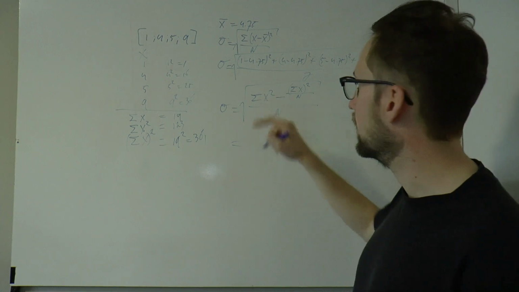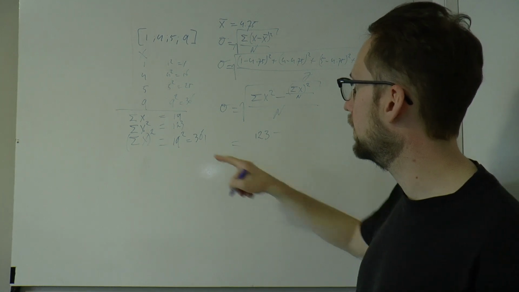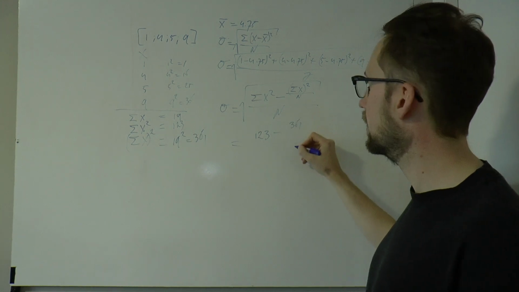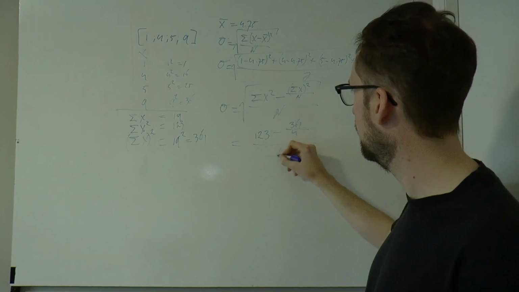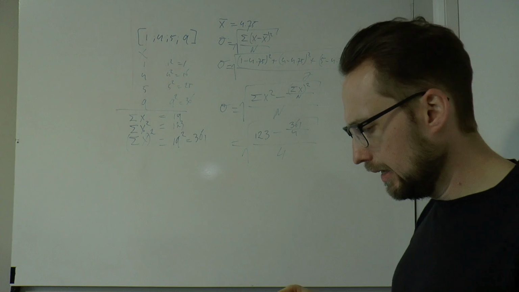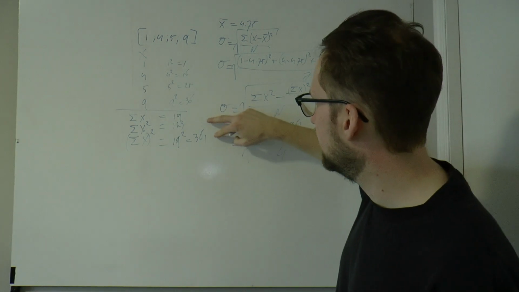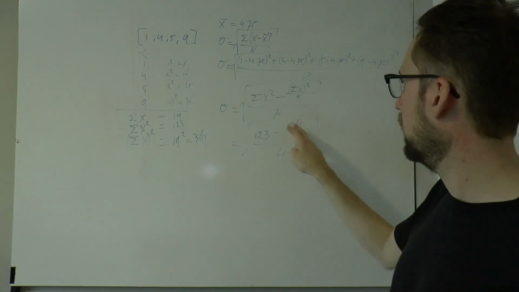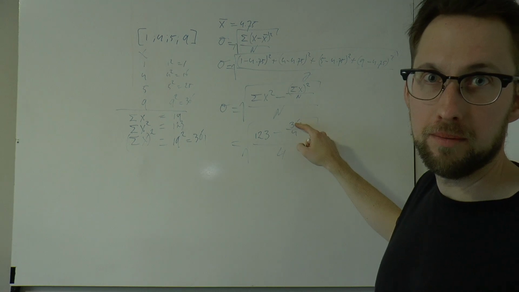Okay, well, sum of all x's squared, 123 minus 361 divided by 4, divided by 4, square rooted. Now, if you get a little confused, you have these two numbers and you don't know which one goes where, the biggest one always goes here.